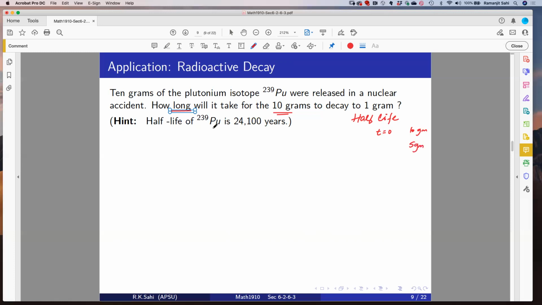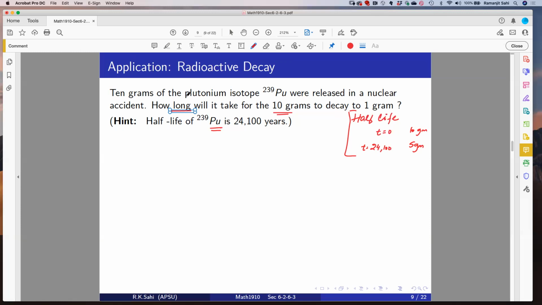According to the information given, it takes 24,100 years for 10 grams of plutonium to decay to 5 grams. Okay, so that is the key. Now let's start the problem.